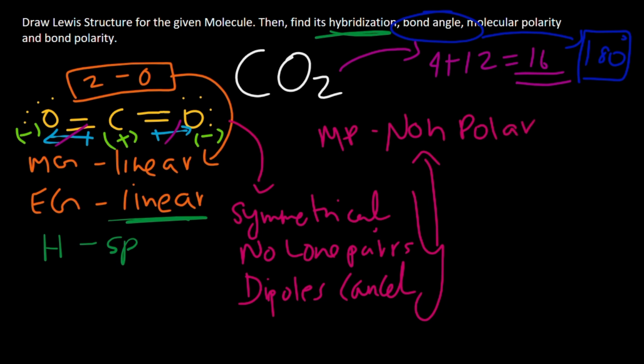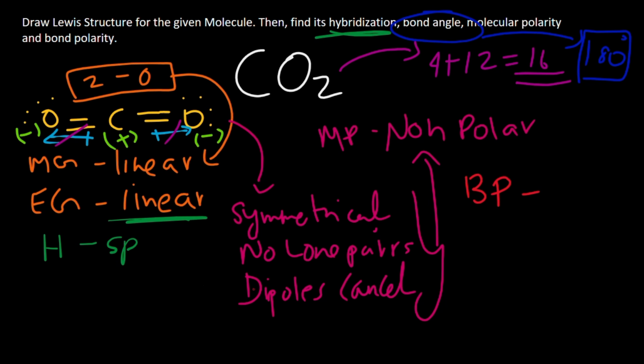Okay, now what about our bond polarity? For bond polarity, my handwriting is not good. As we said before, we're just going to take a look at the electronegativity and find the difference.